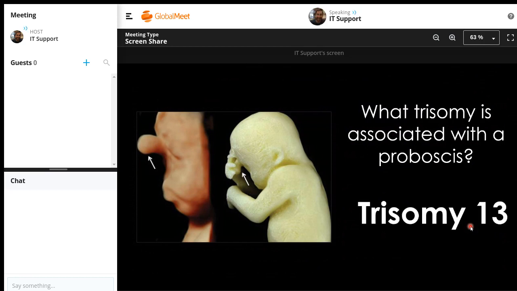Trisomy 13. Out of the big three, trisomy 13, 18, and 21, this is the worst trisomy. So this is a pretty severe finding. This can be associated with trisomy 13.